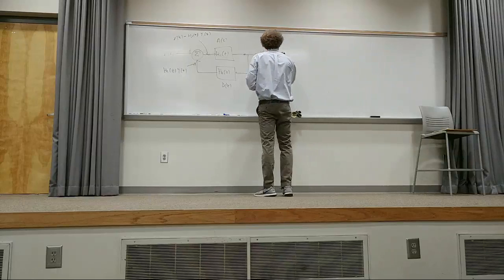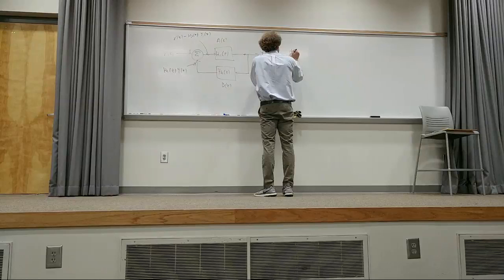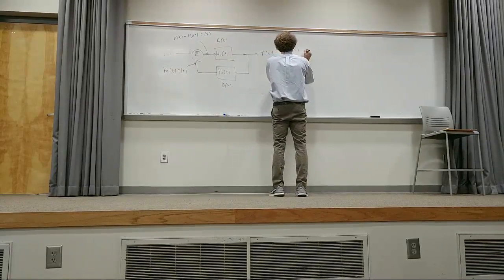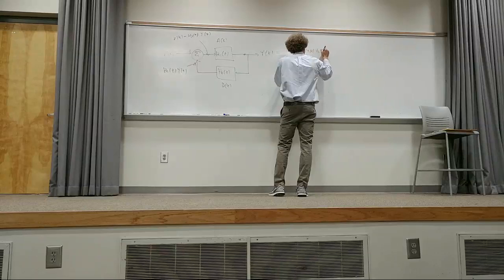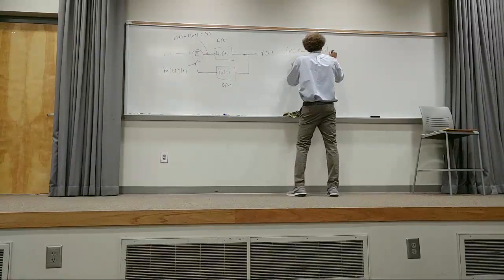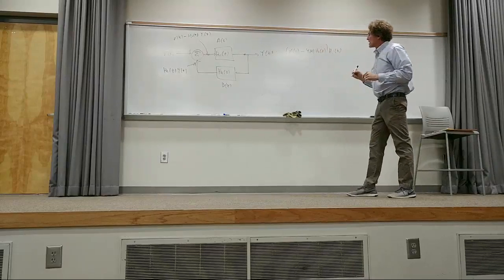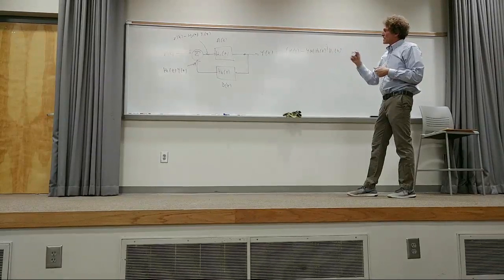I can say my y of z here is going to be equal to x of z times the quantity, or sorry, minus y of z times h2 of z, and then it's times h1 of z, and that's y of z. Agree? And then I'm going to get y of z on one side, so I'm going to have y of z over there.